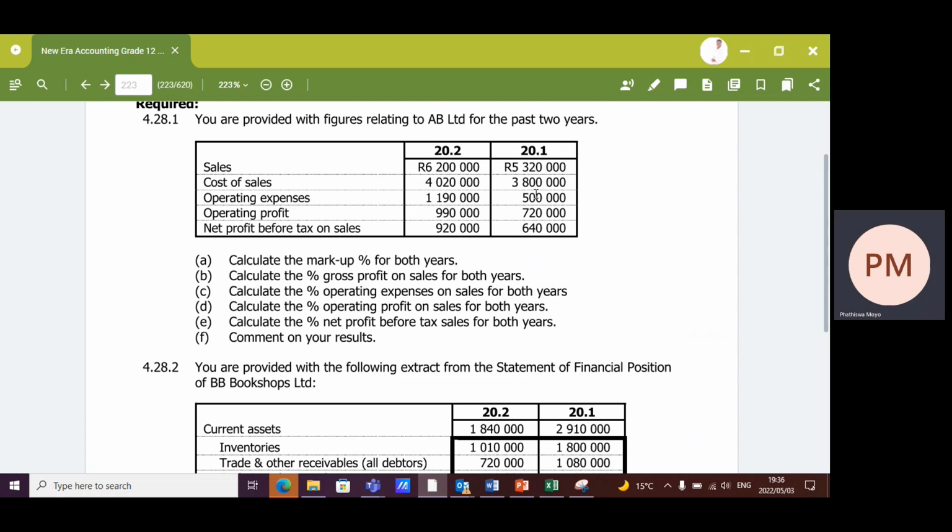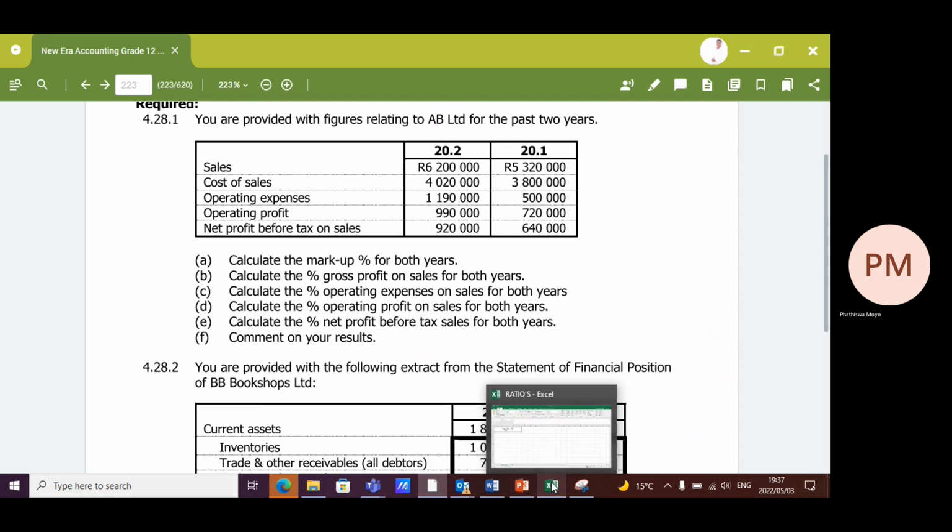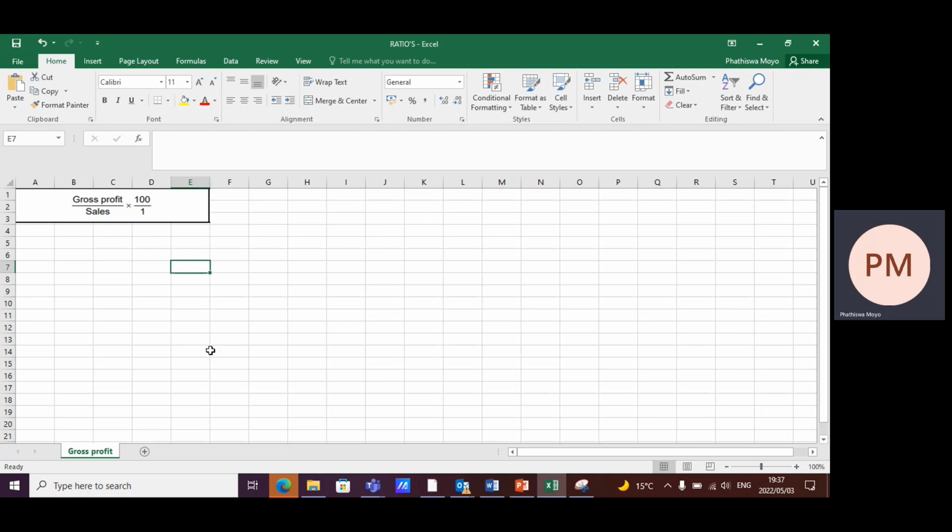And they say, calculate the gross profit on sales for both years. A and B, they're interlinked. So what we would do is calculate A, which is the markup for both years. We'll use the gross profit markup.